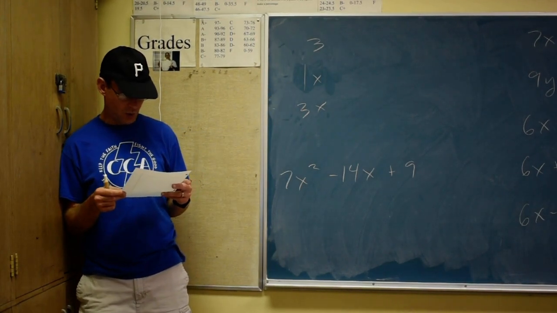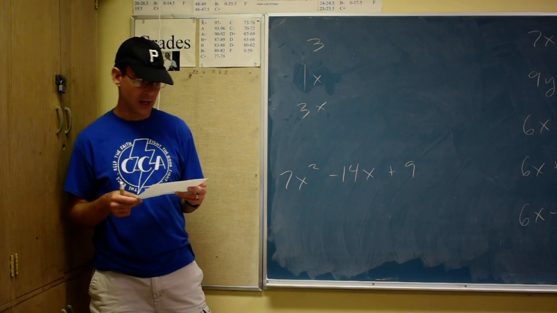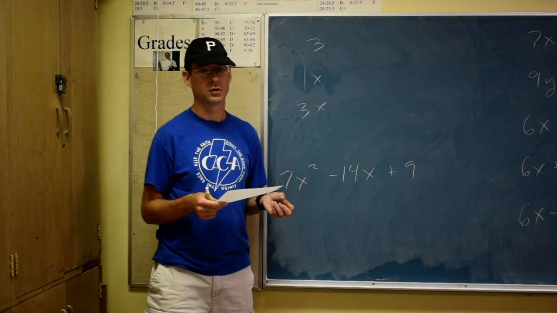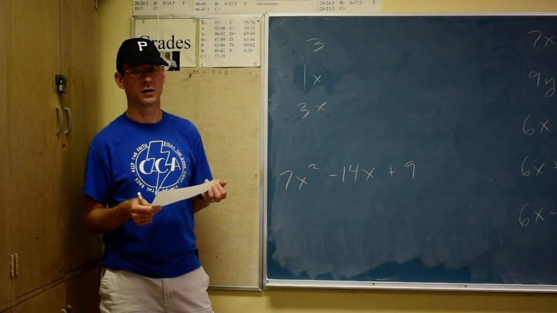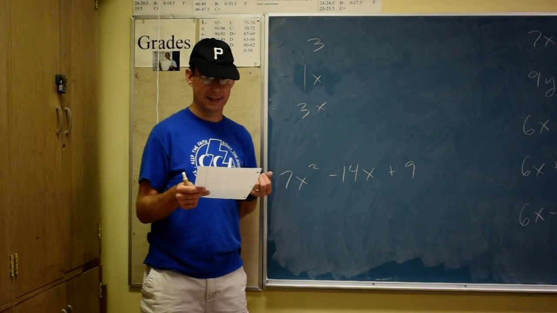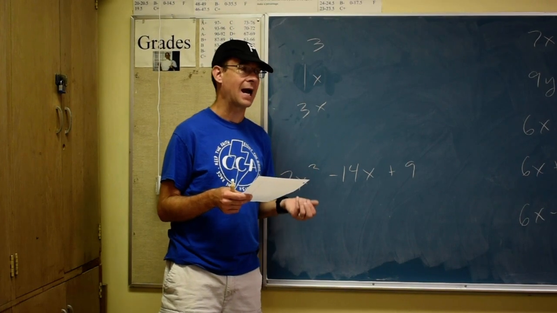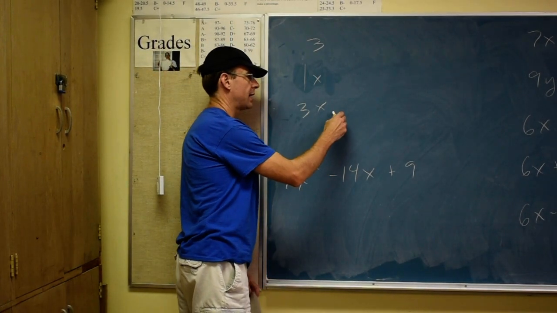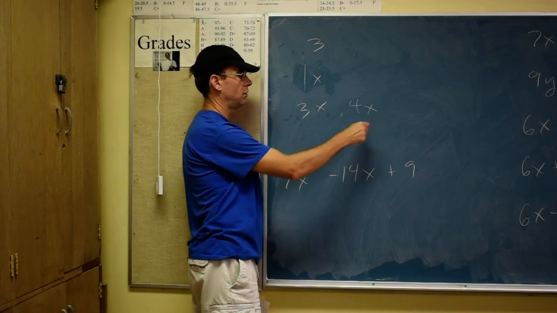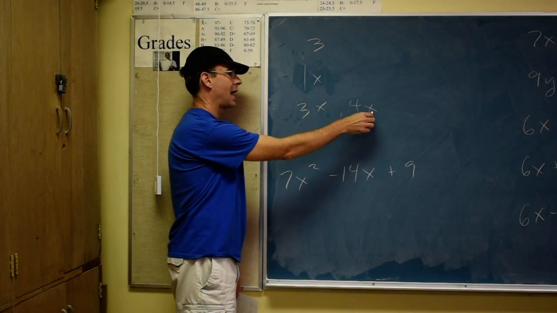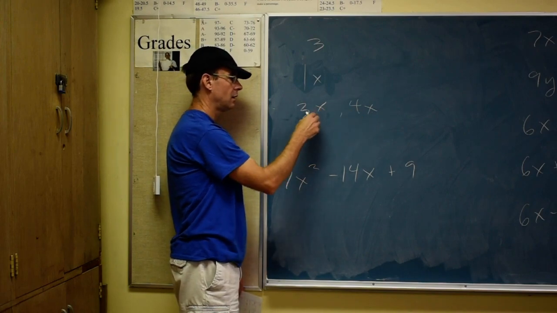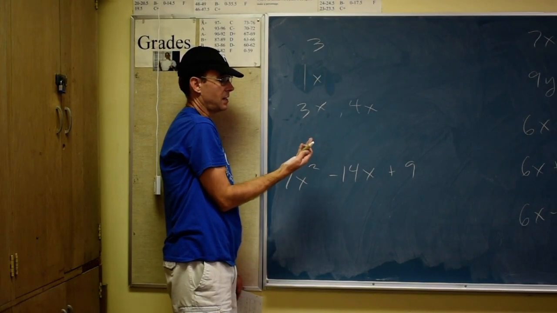Like terms will be one of the main themes of today. Like terms I could explain in one of two ways. Like terms are only different with their coefficients, or I could say like terms have the exact same variables. So if I wanted to do a like term for 3x, I could do 4x, because they have the exact same variables. The coefficients are different, although the coefficients even could be the same.